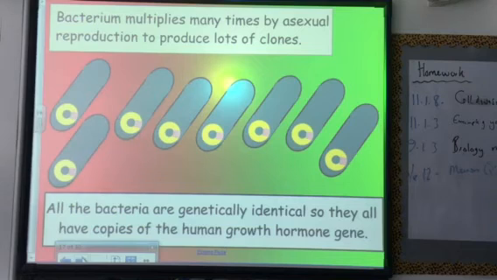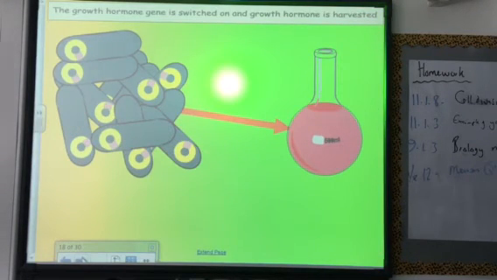And so every single new bacteria will be making human growth protein. Do you get that? Yeah. And so what we then do is we put them into a flask, and actually, in real life, these are massive fermenters, about the size of 2 houses. And those fermenters are making human growth hormone. They're making a protein that allows us to grow.